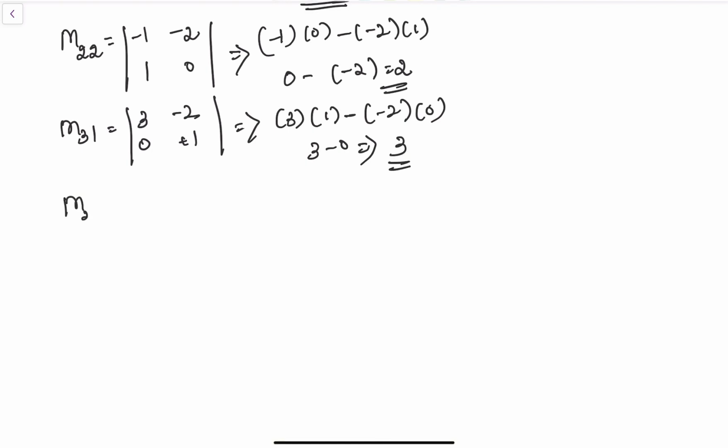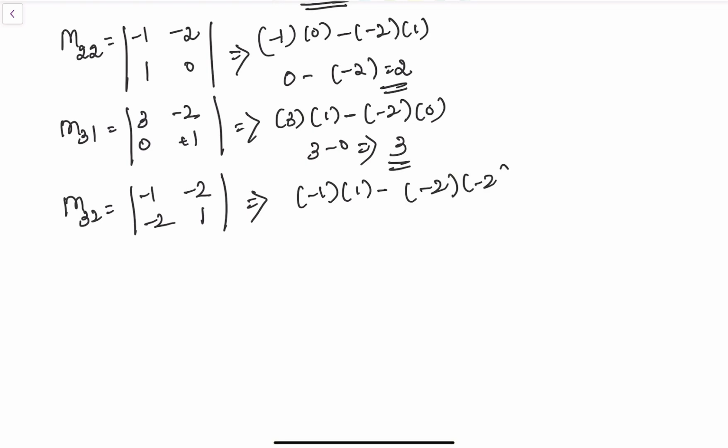Now m32, delete row 3 and column 2. So minus 1, 1, 3, 1, that will be minus 1 into 1 minus 1 into 3. So the answer will be minus 4. So last one, m33. You have to delete row 3 and column 3.